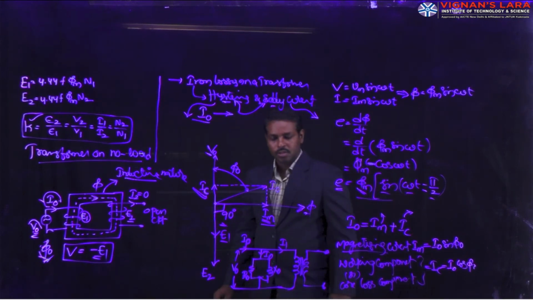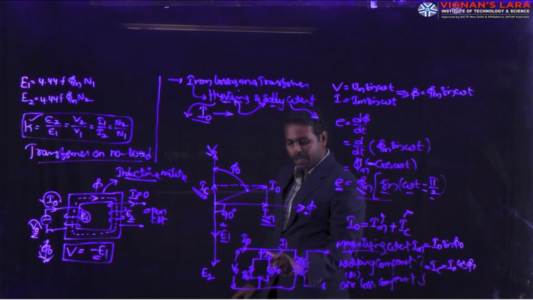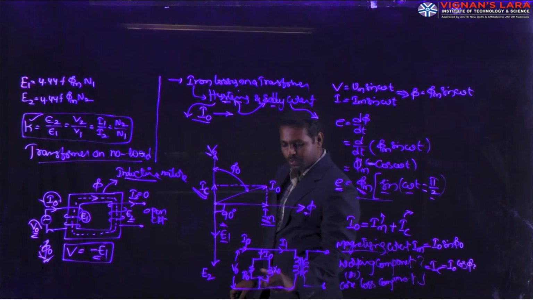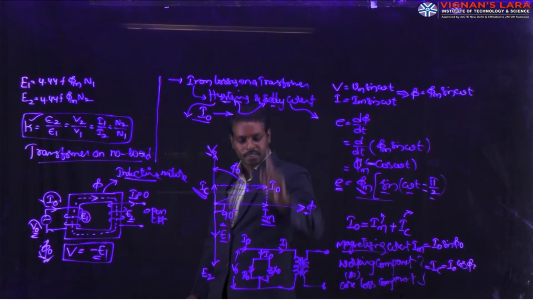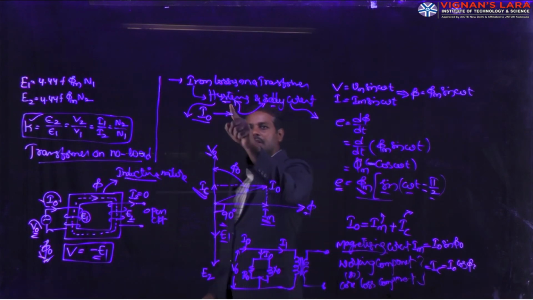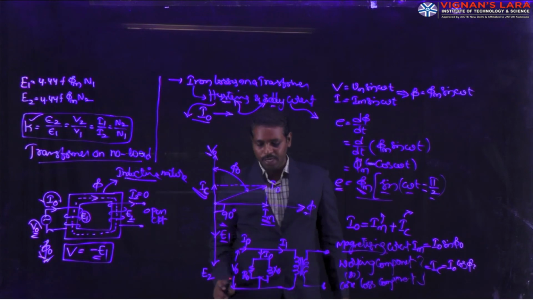In this path we always calculate I naught as the combination of these two. R naught is related to eddy current losses, and X naught is related to hysteresis losses. These two are in parallel.